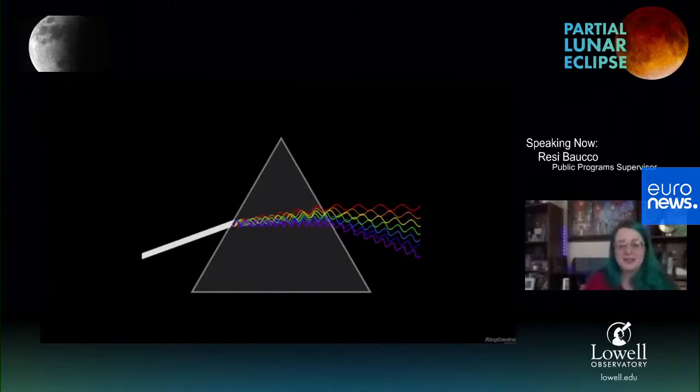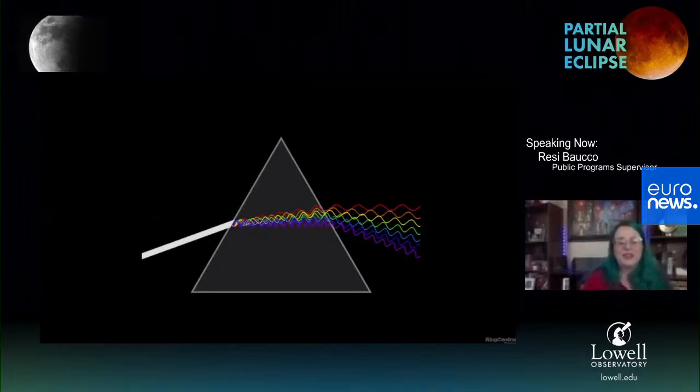So what this means is that the blue light from the sun's light gets scattered. The purple light is completely scattered. We don't really see green, and all that's still hitting the moon through that filter of our atmosphere is the red. So the moon starts to turn red.